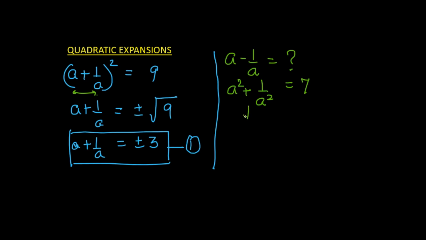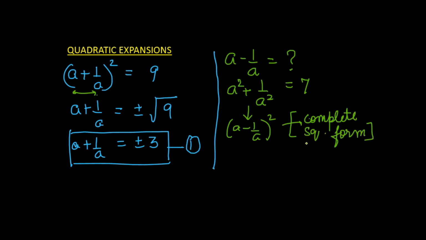Now we will try to bring it in the form of a minus 1 by a whole square. Okay. We need it in this complete square form. Now let us just expand a minus 1 by a whole square and see what we need to complete the square.